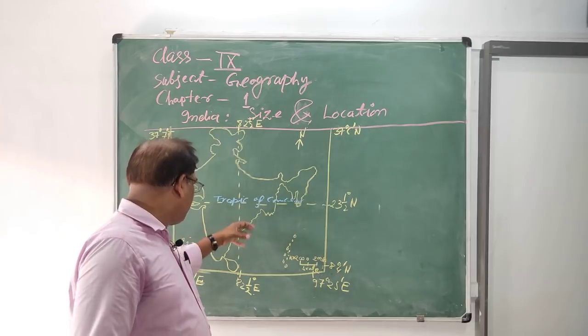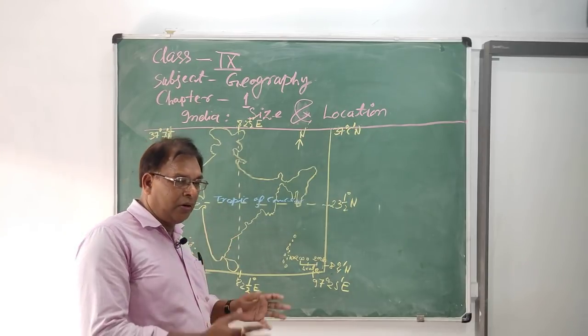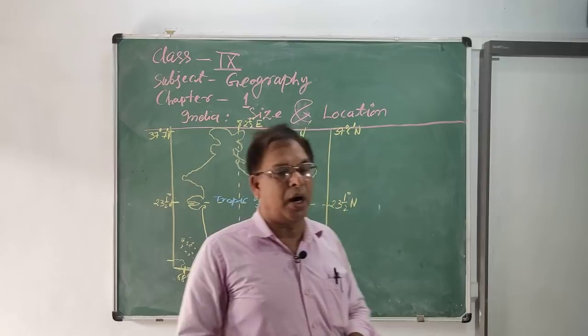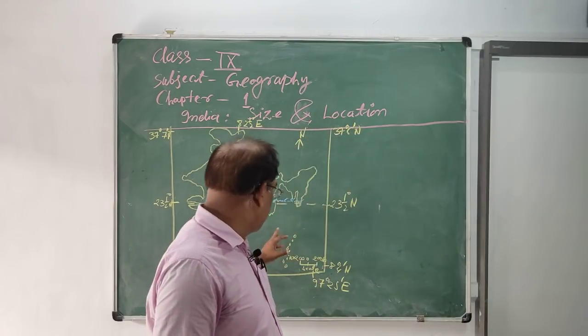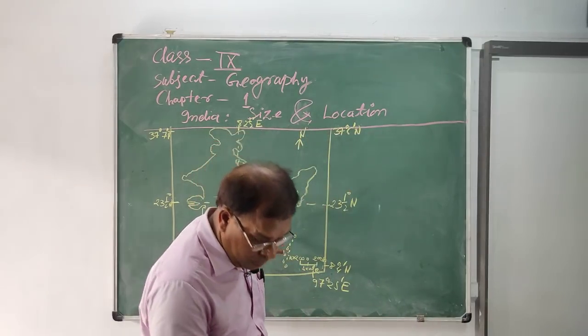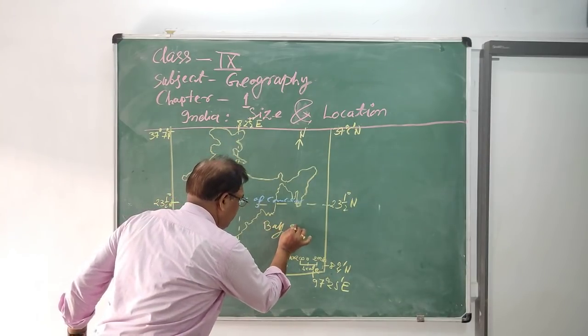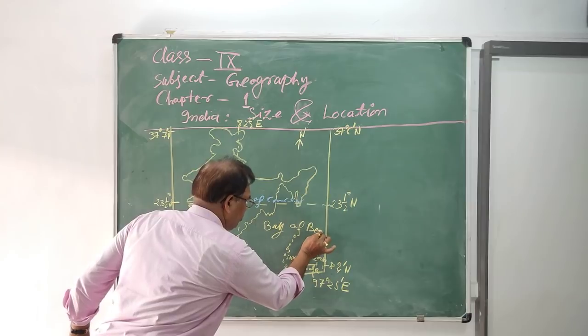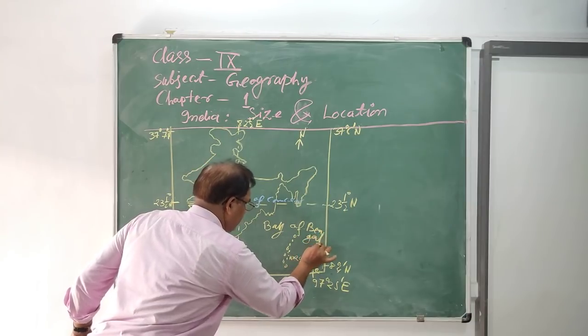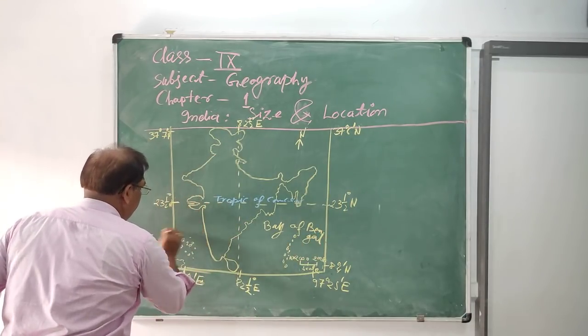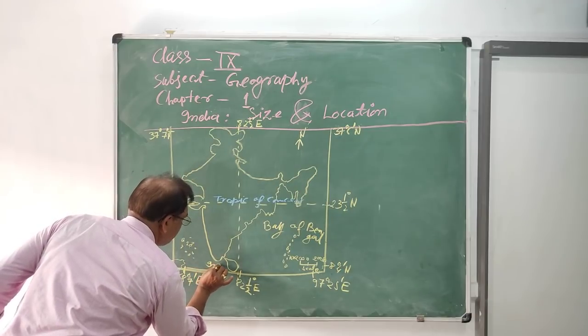The southern part of India is surrounded on three sides by water bodies. In the east, the Bay of Bengal. Here, the Indian Ocean.